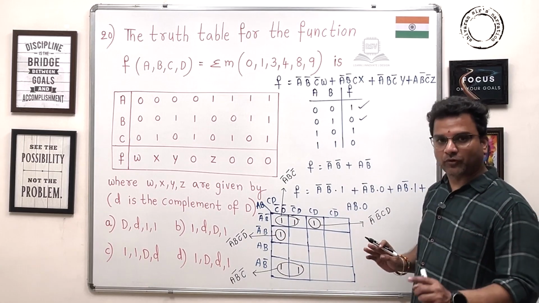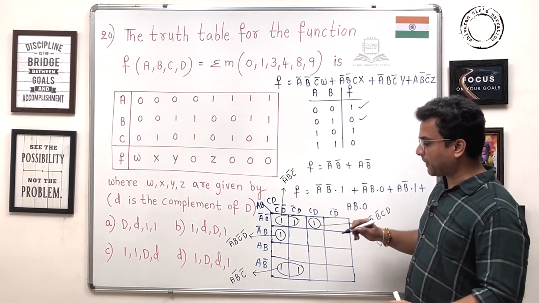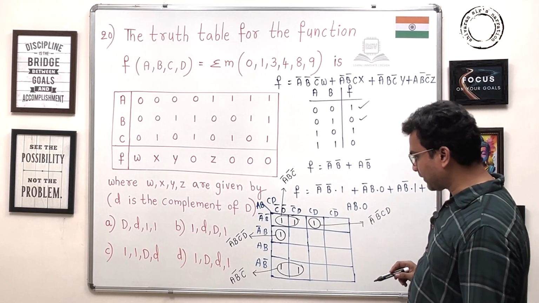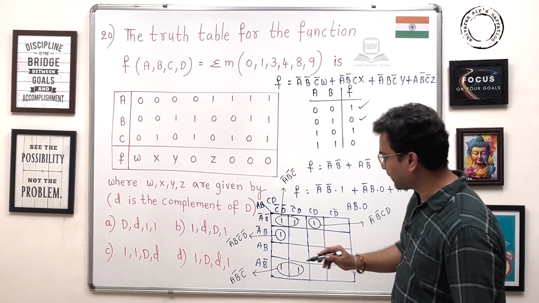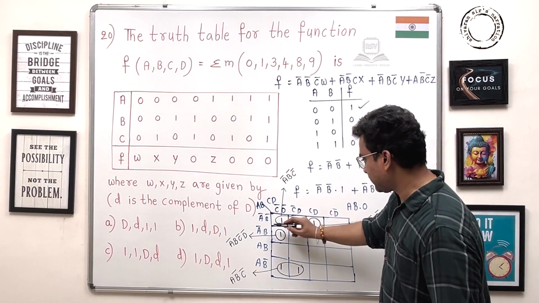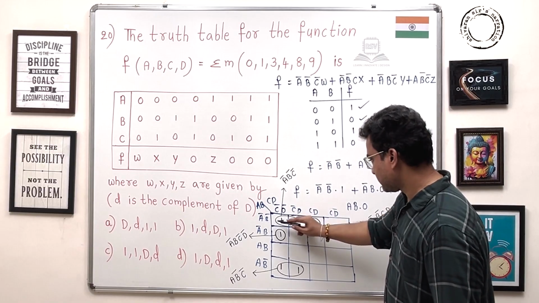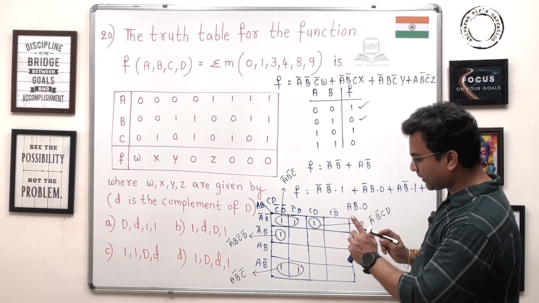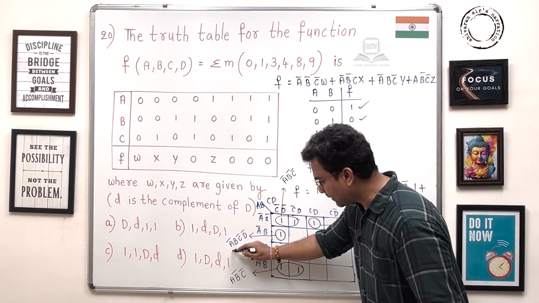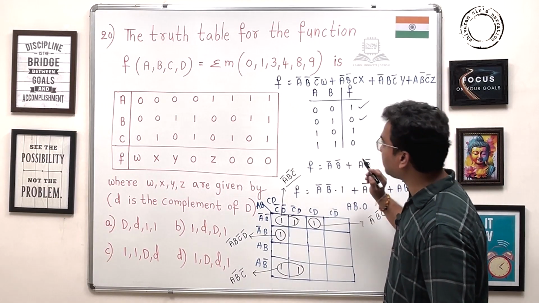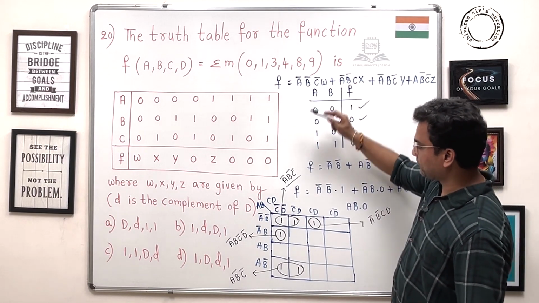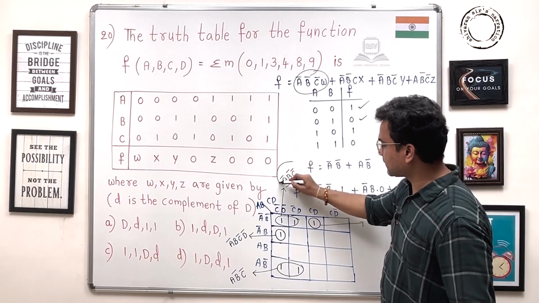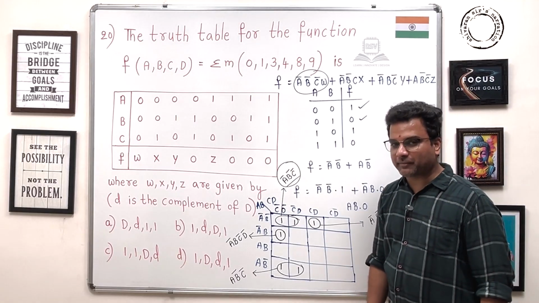Now we got 4 terms. Now you compare. Here, let's take A bar B bar C bar. Where did we get A bar B bar C bar? Here. Okay, here what you get guys? This means A bar B bar C bar. Okay, here guys we have A bar B bar C bar. And here W. Then if you compare this and this, what might be the W guys?